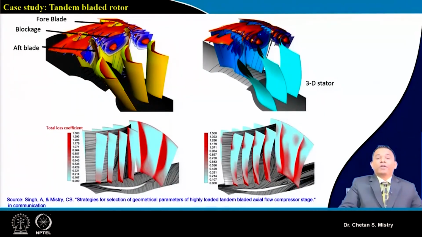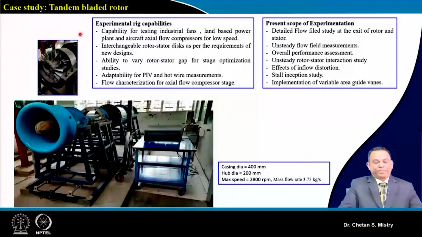So you must realize it is easy to say that using a tandem bladed rotor we can get high total pressure rise, but at the same time the design of the downstream stator will be very challenging. Design of the rotor itself is challenging. At the same time, design of the stator is equally challenging.